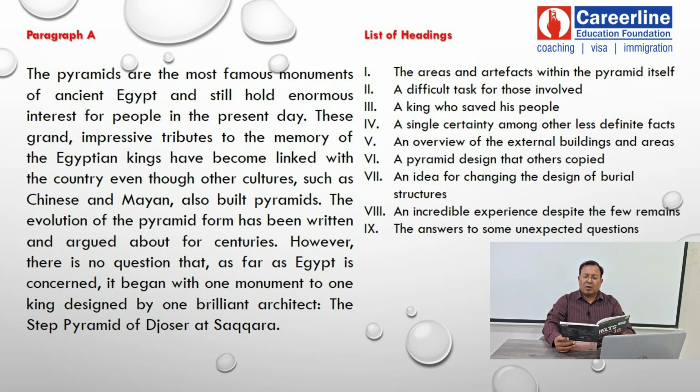The evolution of the pyramid form has been written and argued about for centuries. However, there is no question that as far as Egypt is concerned, it began with one monument to one king designed by one brilliant architect, the step pyramid of Djoser at Saqqara.